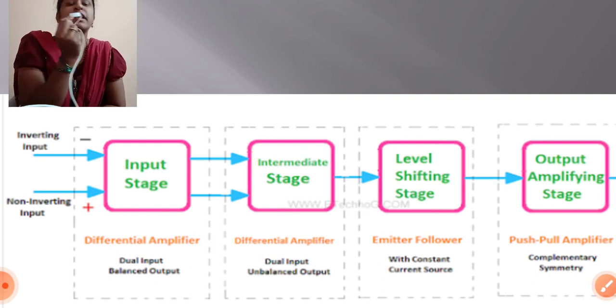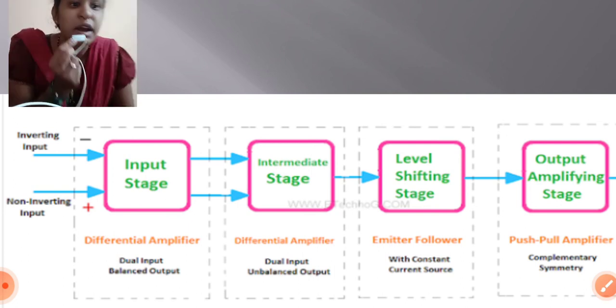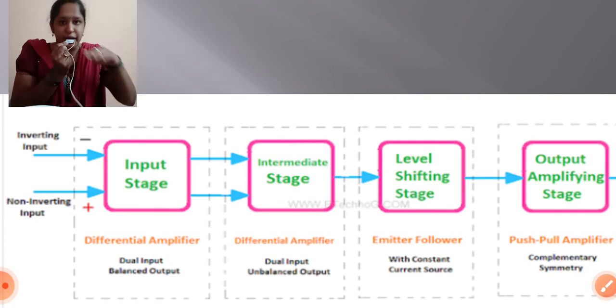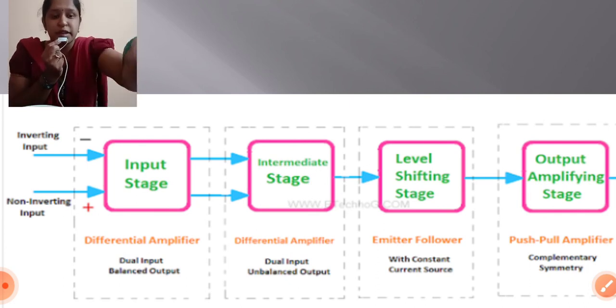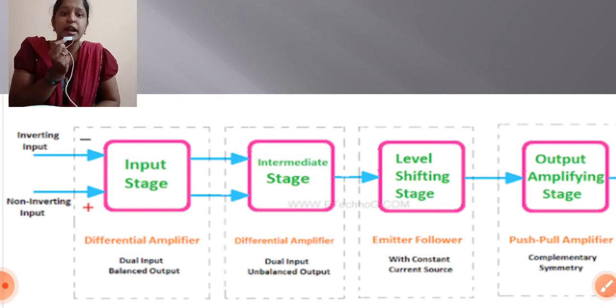In the final stage, the output is maintained with a constant current source. You can see that the two inputs transfer to the intermediate stage, and whatever input is given, the same output with high gain is transferred through the differential amplifiers and then comes to the intermediate stage.